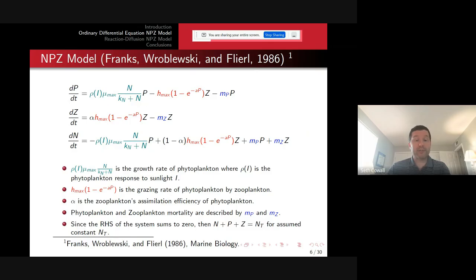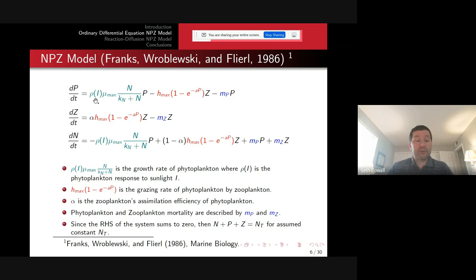So like terrestrial plants, they need sunlight and they need nutrients to grow. This growth term here is all in green. This parameter rho is an increasing function of solar radiation, and its range is between 0 and 1. As n gets large, this nutrient function will saturate to 1. So when we have maximum sunlight and very high nutrients, we have this limiting growth rate, which we'll call mu max.